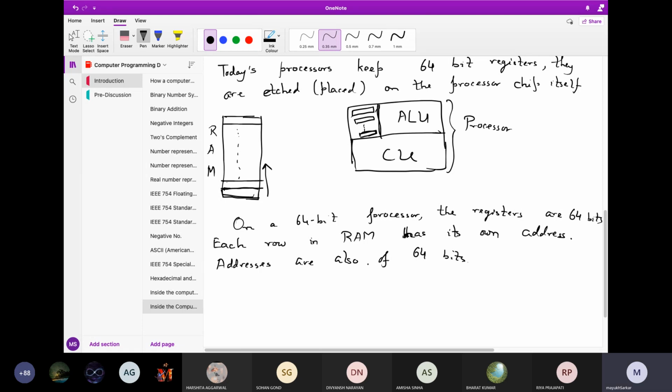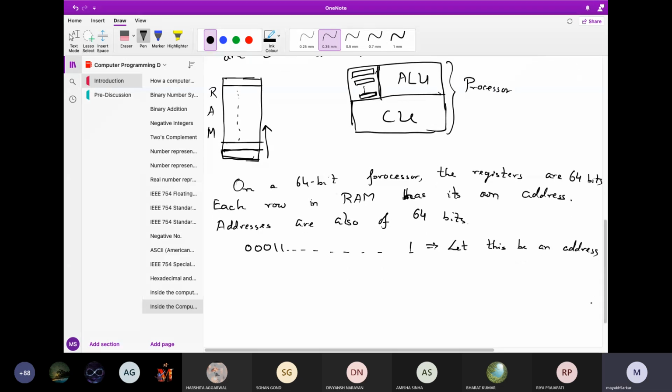Now, how will you write the address? Say maybe the address of a certain row is 0, 0, 0, 1, 1, and so on. There are 64 bits. Let this be an address. Every time, will you represent this address by writing these 64 bits? That will be too cumbersome, right?